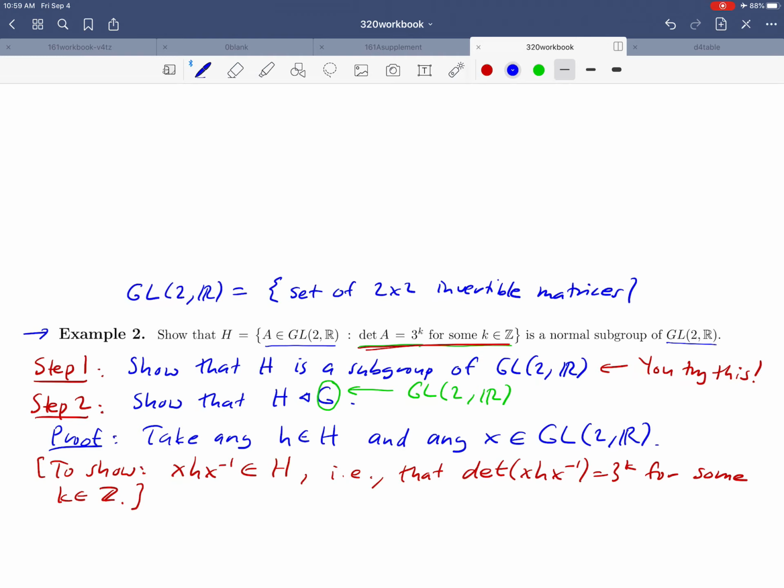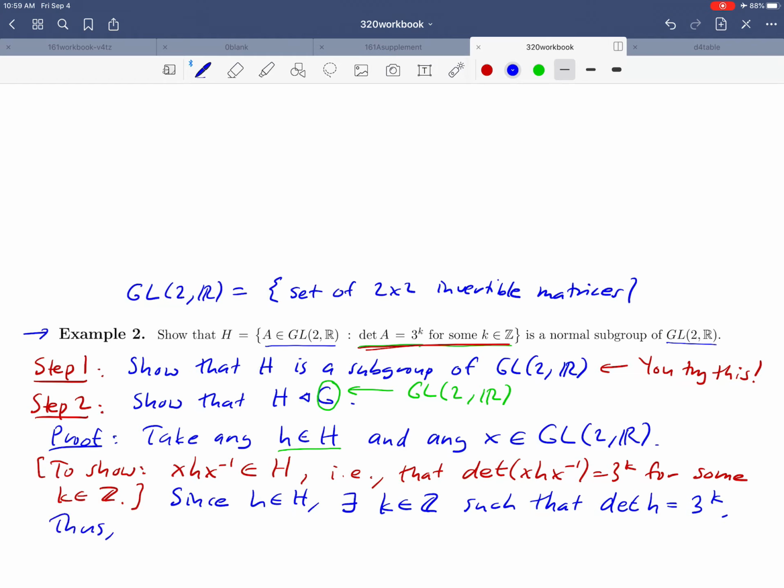All right, so the first thing that we want to do is make the observation that because we chose this h to be in H, we know that h does have that property. Its determinant has to be 3 to an integer power. So we'll start by making that observation: there exists a k in Z such that the determinant of h equals 3 to the k.